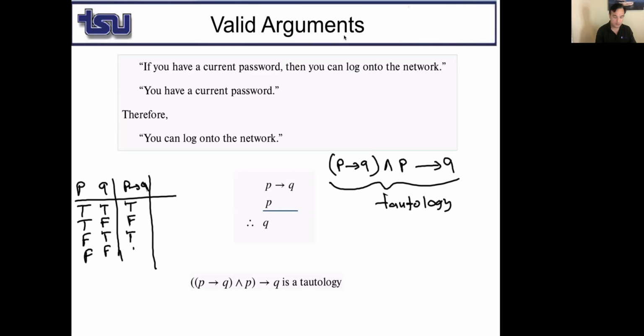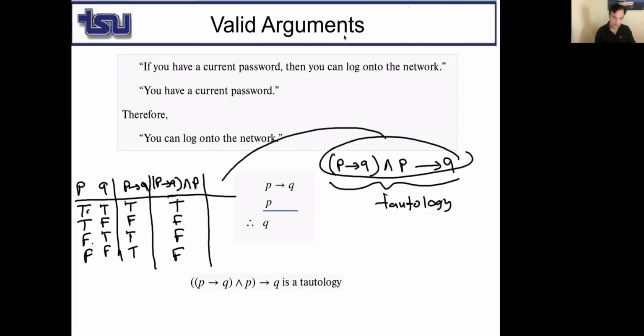True, false, true, true. That's P implies Q. And then P implies Q and P. This is P implies Q, and this is P, with and. True and true is true, true and false is false, false and true is false, false and false is false, right? Then this column and that column, we will do a conditional connective.